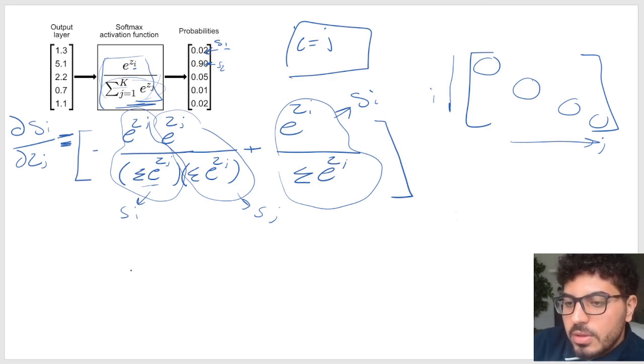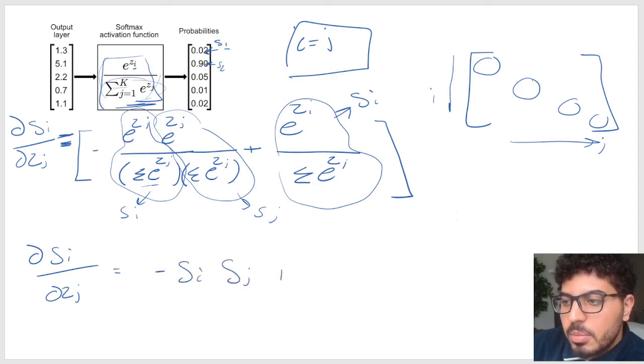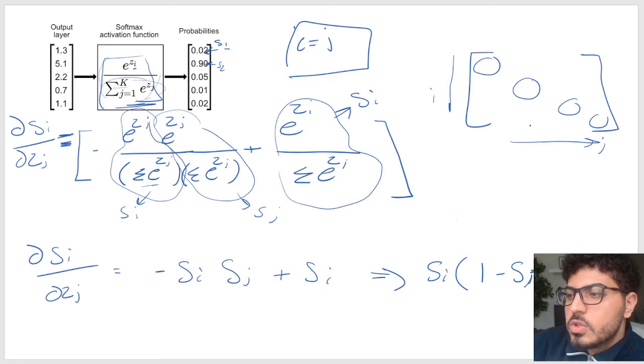So the resulting gradient, partial Si by partial zj, is equal to negative Si Sj plus Si, right? Which can be simplified to Si multiplied by 1 minus Sj. So all the elements on the diagonal will have this value, Si multiplied by 1 minus Si.